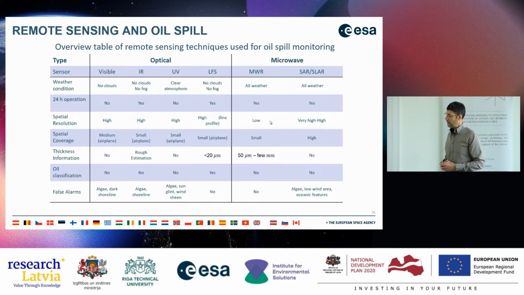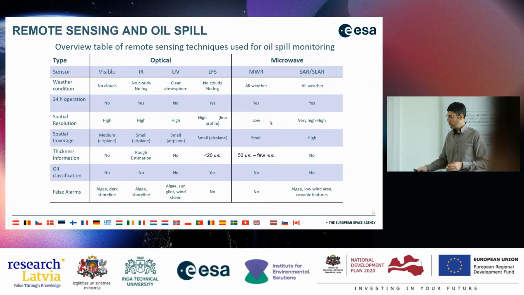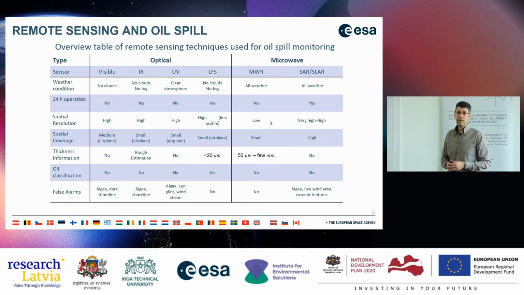Some can provide the oil thickness information. Some cannot. For example, SAR cannot retrieve the information. As I already told you, the microwaves are not penetrating into the oil, and that's why you also cannot do the oil classification. You cannot say which type of oil it is.